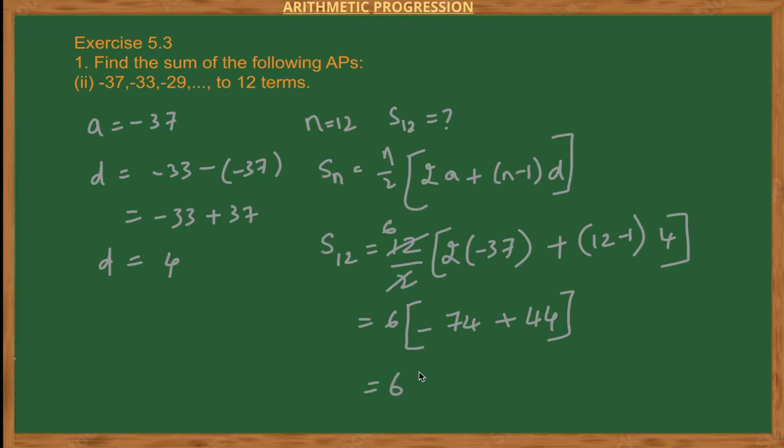So we have 6 into minus 74 plus 44. The sign becomes minus 30, and 6 times 30 is 180, so this becomes minus 180. So S12 is equal to minus 180. This is the answer. Hope this is clear, students. Let's move to our next question.